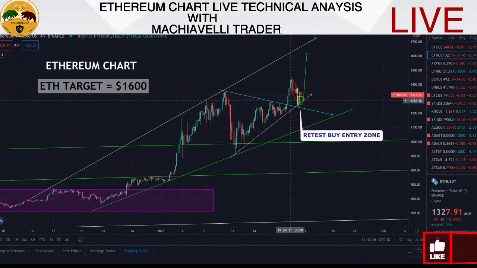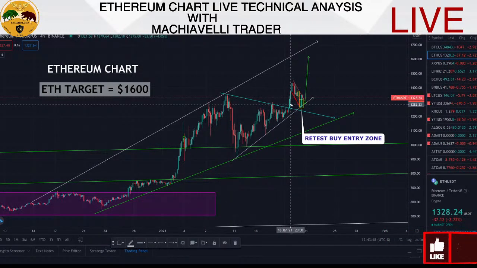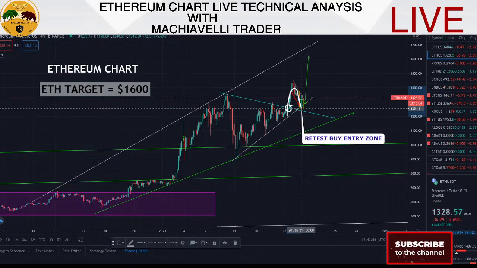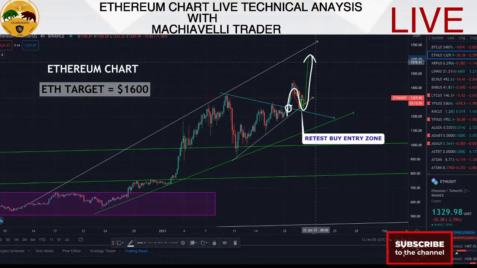We see price breaking out here. So what we are seeing is a retest of that breakout. So I am expecting that we get a move to the upside from this current zone. That is what I am clearly expecting from Ethereum right now.